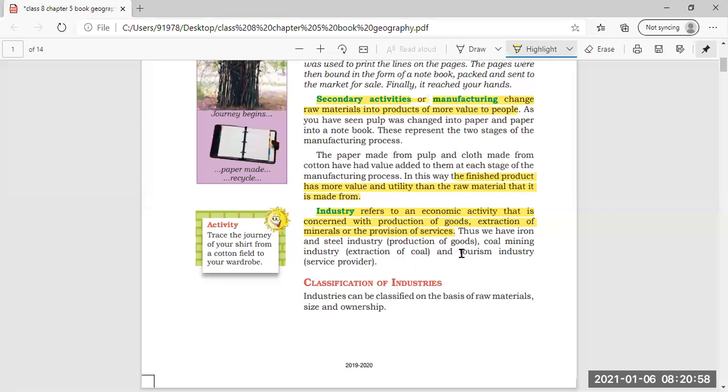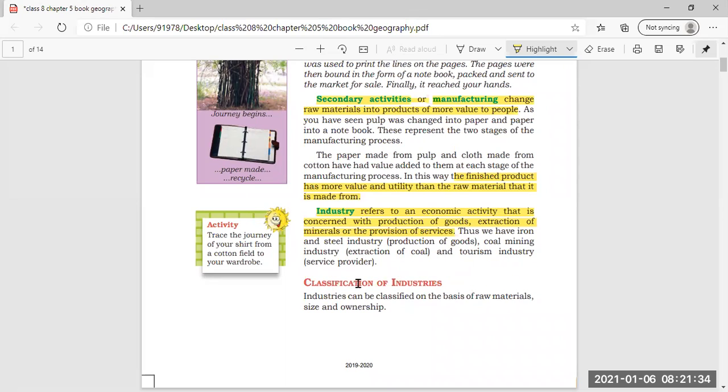It is an economic activity mostly concerned with the production of a particular good, or the extraction of minerals, or the provision of services to the people. It all falls under the category of industry.